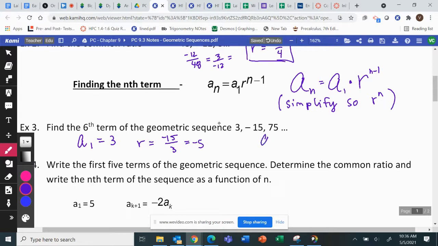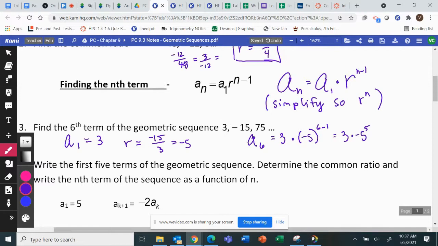So a sub 6 equals our first term 3, multiplied by our r, which is negative 5, to the 6 minus 1. So I would have 3 multiplied by negative 5 to the 5th.